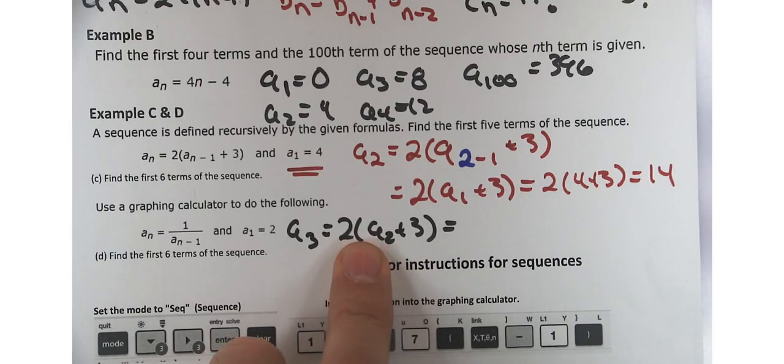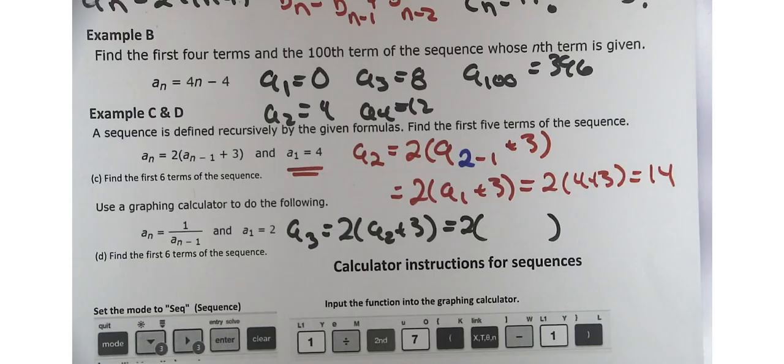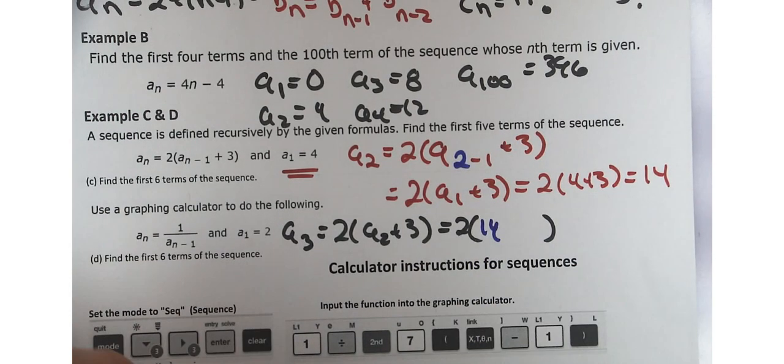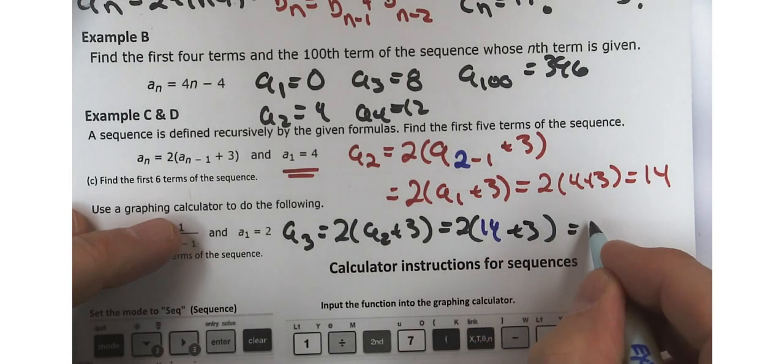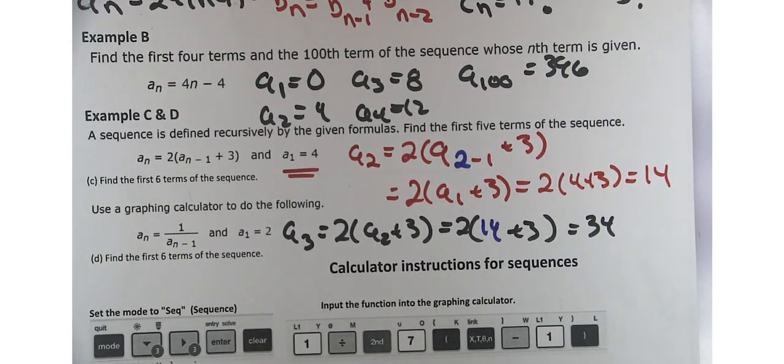But we know what a sub 2 is, right? What's a sub 2? 14. So, okay. 14 plus 3 times 2 is going to give me 34. And so on. You keep on going.